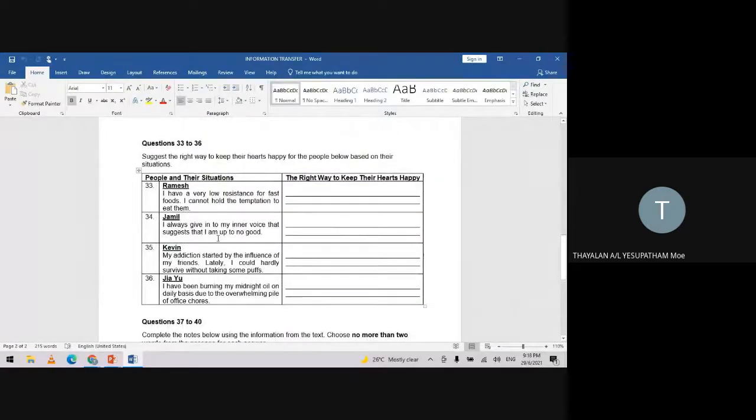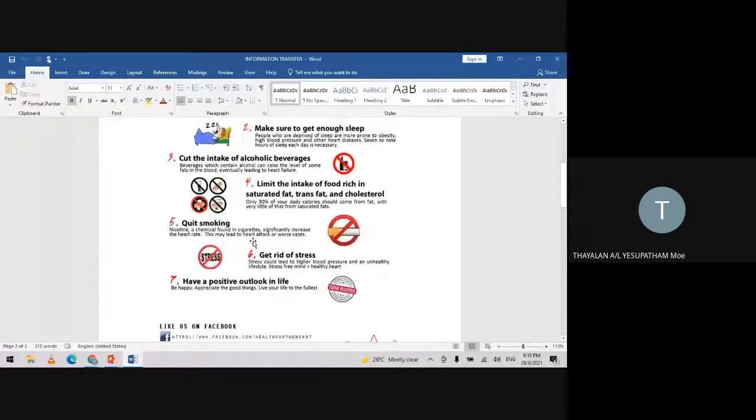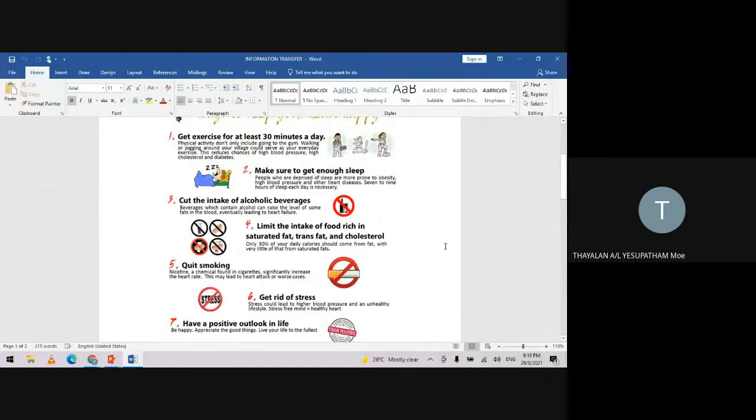Now, second one. I always give in to my inner voice that suggests that I am up to no good. So, 1, 2, 3, 4, 5, 6, 7. Number 7, sir. Number 7, isn't it? Have a positive outlook in life.